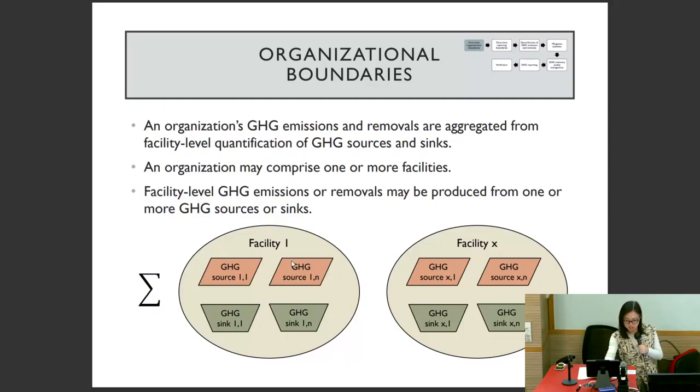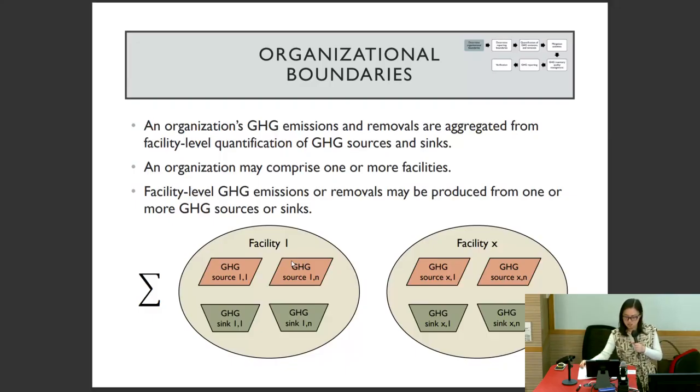One facility may have installations and production processes, and an organization may include many different facilities. Maybe it owns some offices, some data centers, some retail shops, and maybe some manufacturing plants. So which ones should be included? That is defining the organizational boundary.